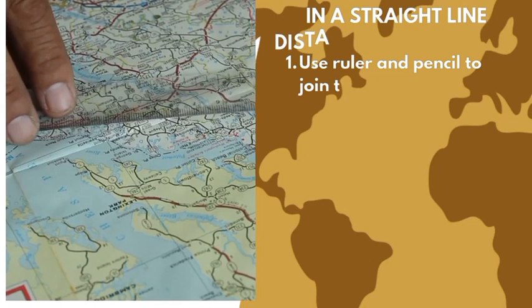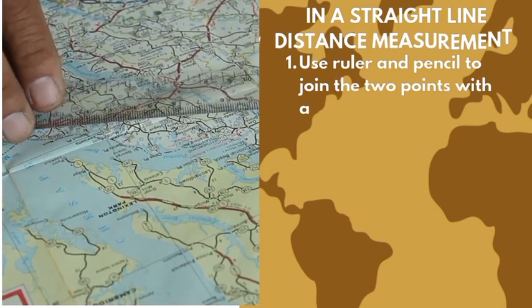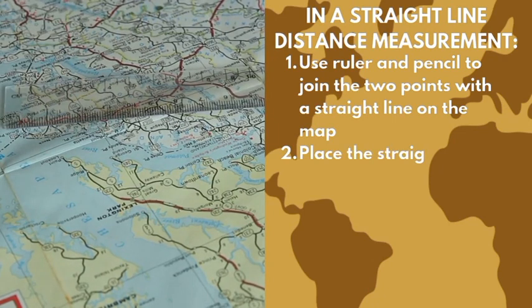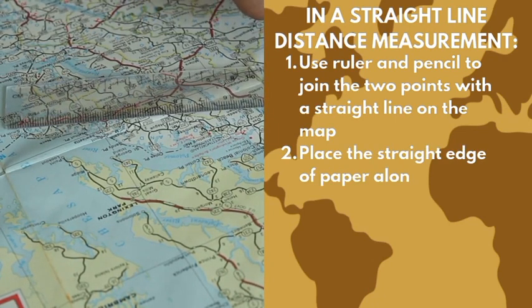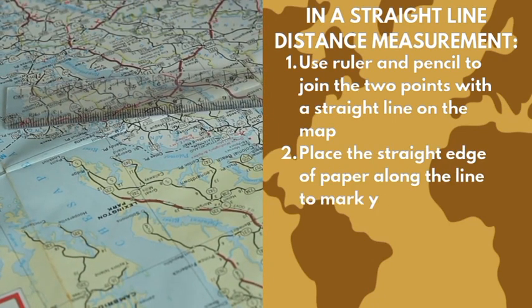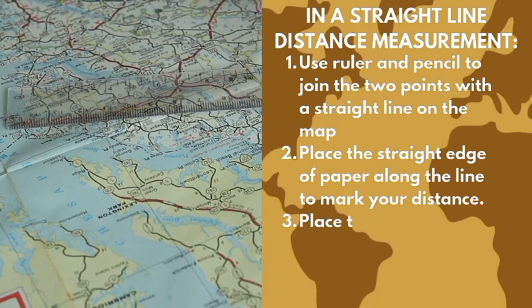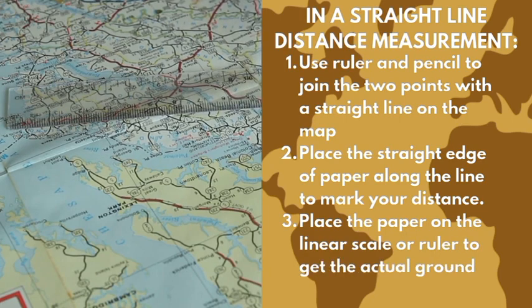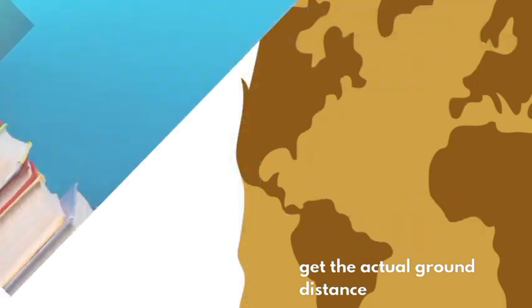By marking the edge of the paper against the line which was measured, and you put the paper which was marked on your ruler to get the actual distance, and this enables us to be able to measure the map distance and convert it to real life distance in kilometer.